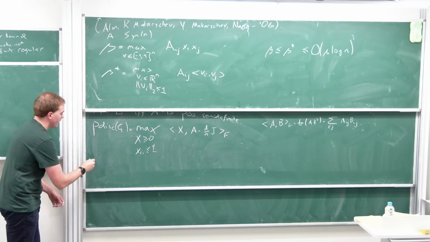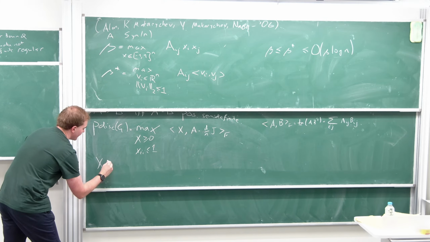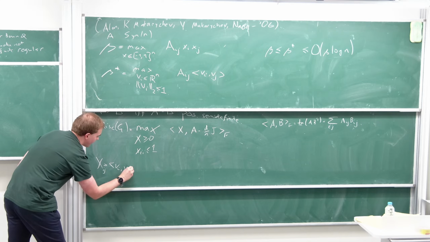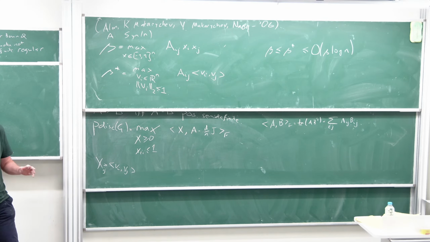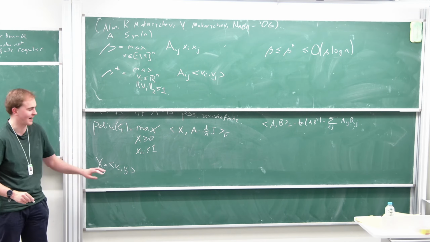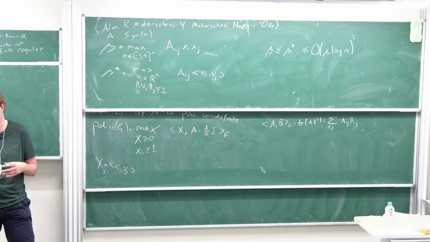So here X is the Gram matrix of these vectors. Because they have L2 norm at most 1, the diagonal entries are going to be at most 1, which motivates this condition, and Gram matrices are going to be positive semi-definite.